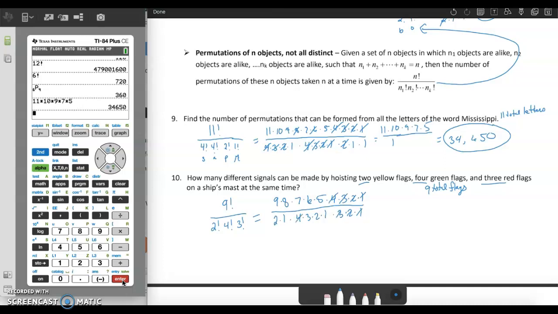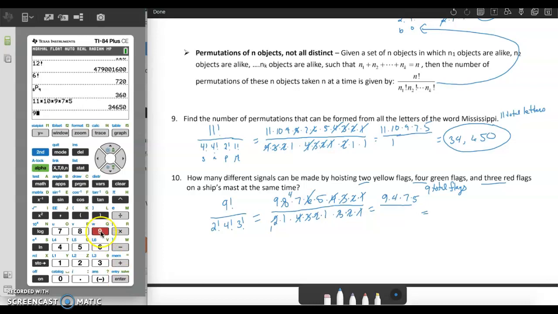Here's a 4 that can cancel. Here is a 3 and a 2 that can cancel with a 6. And maybe I can cancel this 2 with the 8 on the top and make that 8 a 4. And then that looks like I've exhausted everything in the denominator, leaving me on top a 9, a 4, a 7, and a 5.